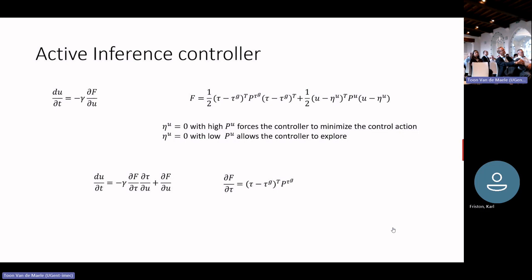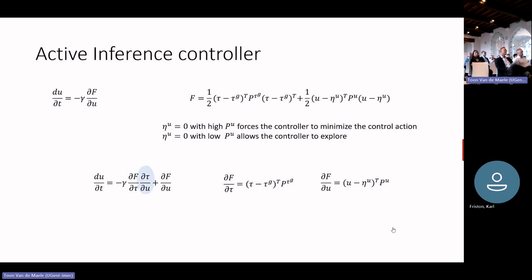So there are two differentials here. One is this one, which is pretty simple: just differentiate with tau and you immediately get this term, because it's a quadratic one. And on this side, you get this expression. It's a straightforward differentiation.